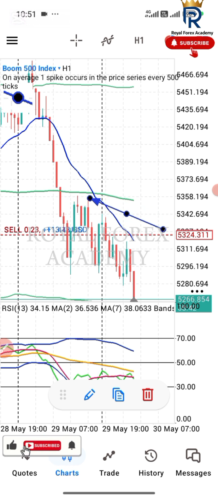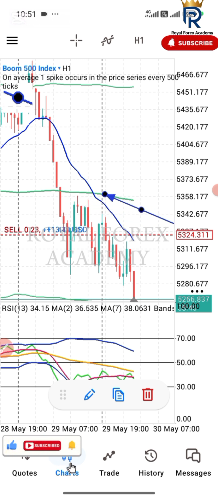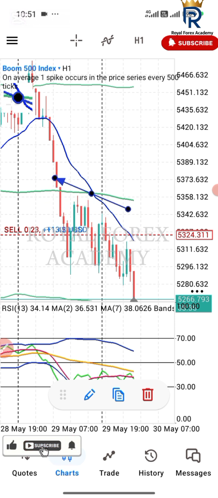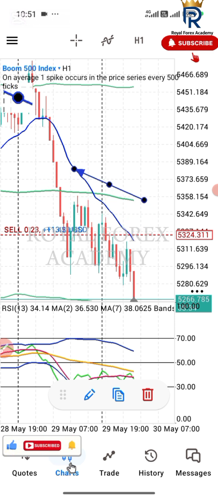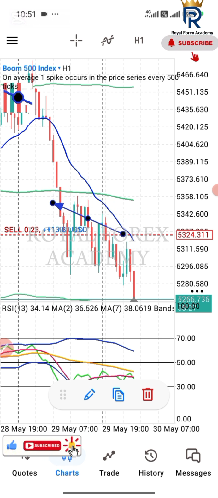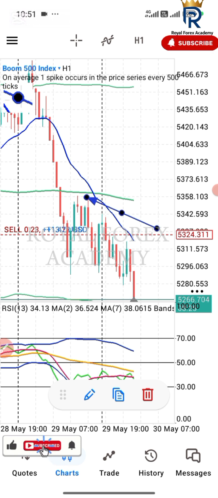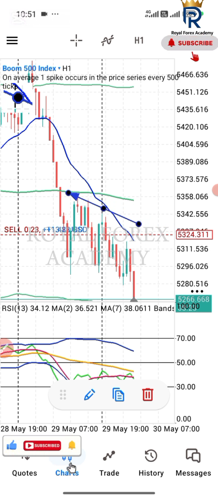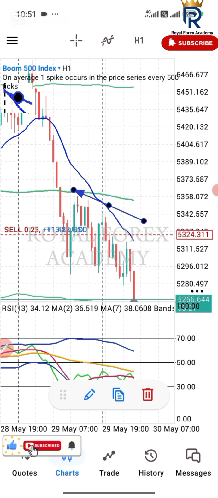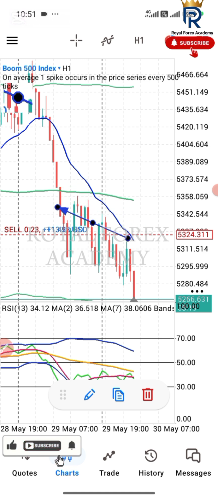This middle Bollinger Band you are seeing here helps us confirm that this is actually a sellers' market. And how do we determine a sellers' market? We determine it by knowing the dominant trend of the market. Since price has successfully come below the middle Bollinger Band, we now see it as a sellers' market.